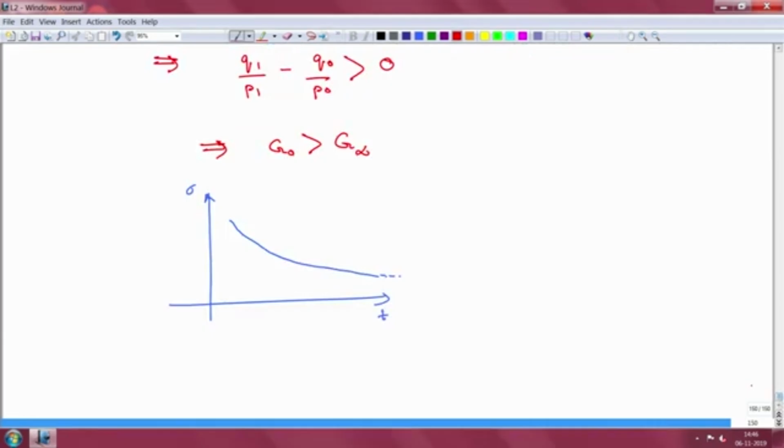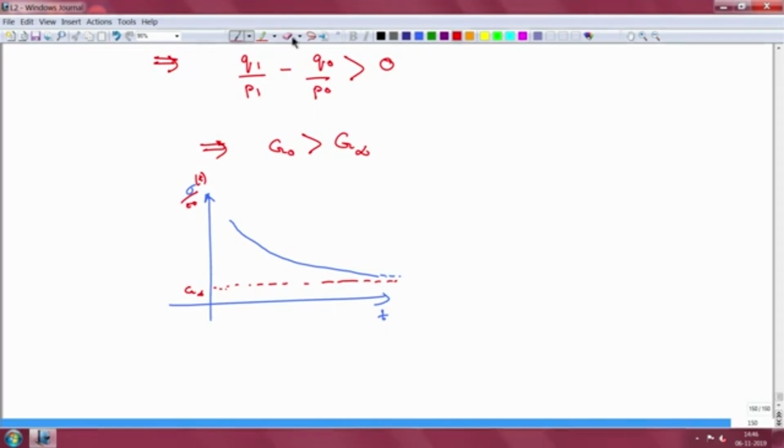So, this is your sigma t by epsilon naught. Then this will be g t.